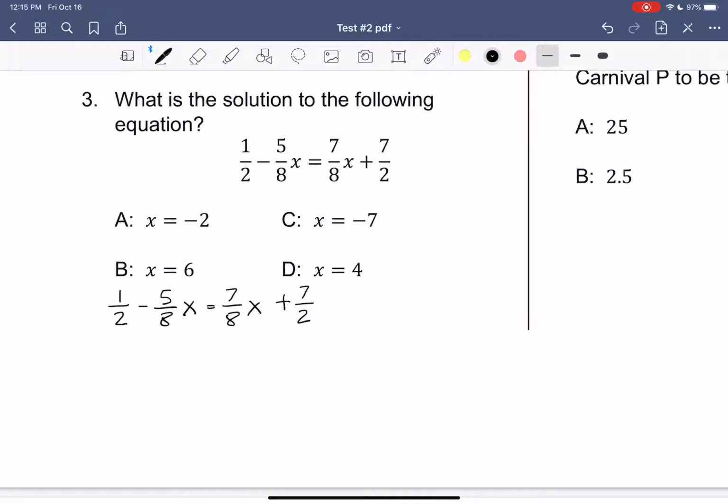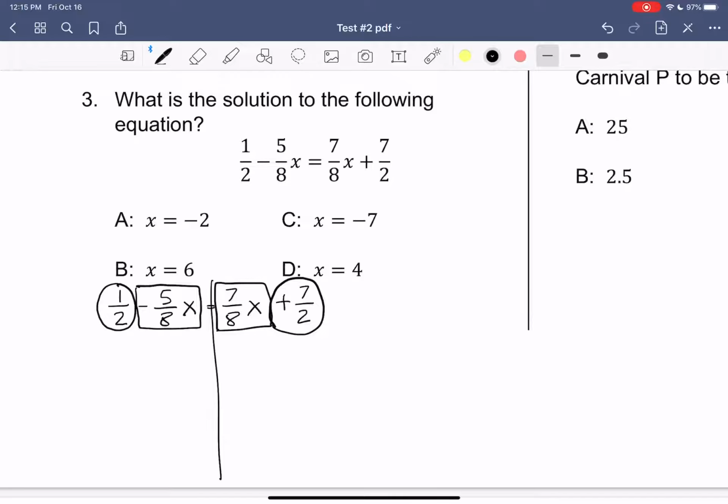So I'm going to start by circling and boxing. I'm going to circle my constant numbers, and I'm going to box my variables. I draw a line at my equal sign to separate the 2 sides, box for a variable, and circle for a constant.